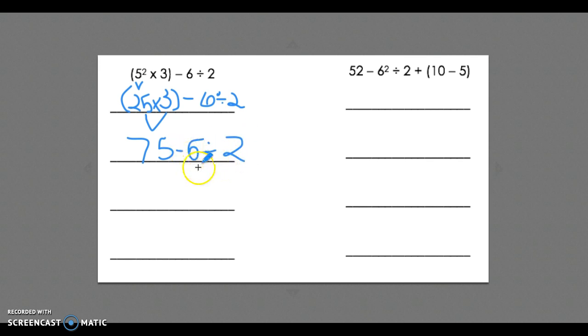Division comes before subtraction. 6 divided by 2 is 3. So I'm going to rewrite my problem. 75 minus 3 gives me 70. Just kidding, 72. Just making sure you're paying attention.